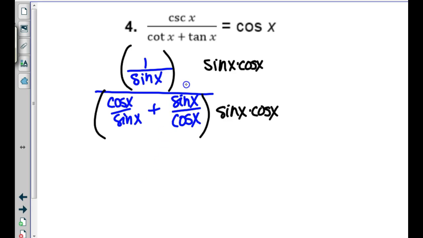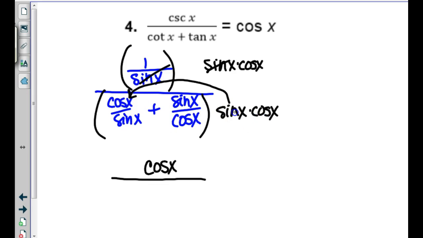So what happens up top? 1 over sine times sine would just be 1, so you just have cosine. Yes, this cancels out and you just get cosine. Not 1 over, it's just cosine, right? Okay, now we got to distribute down here, so we got to be a little bit careful. What is sine cosine times cosine over sine going to do?